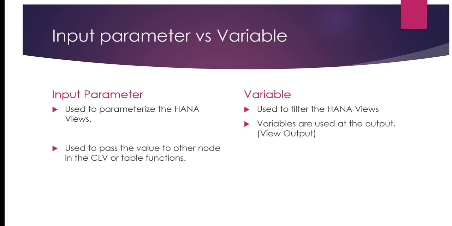An input parameter is used to parameterize each and every node, whereas a variable is used at the output level. That's why the variable is always assigned to an attribute, like the year I mentioned. It will be added to the year characteristic.